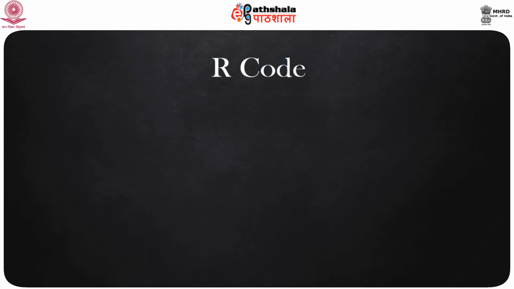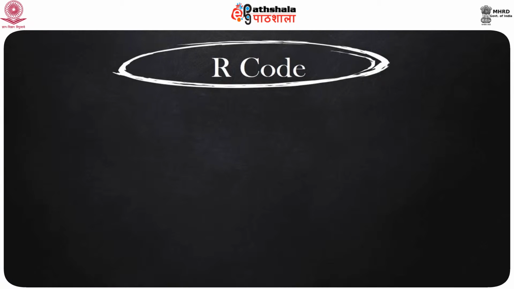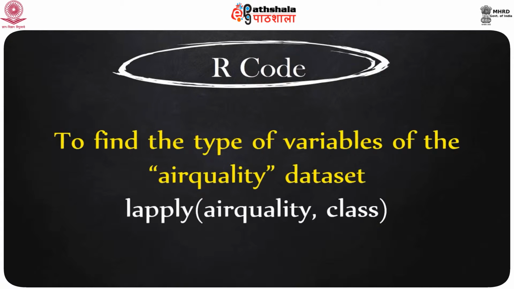Now let us consider another example of a similar kind. Suppose we are curious about the type of the variables that are involved in the air quality data set. In the air quality data set, we have 6 columns corresponding to the 153 rows. So what do we do?